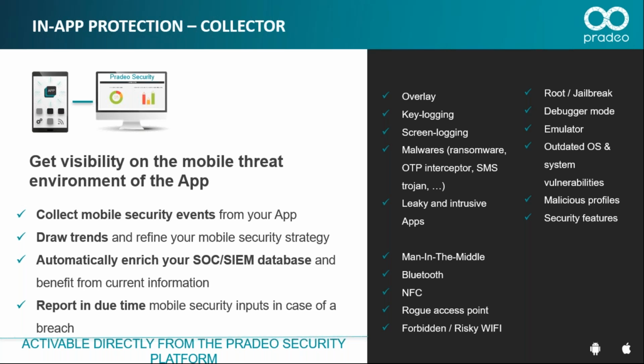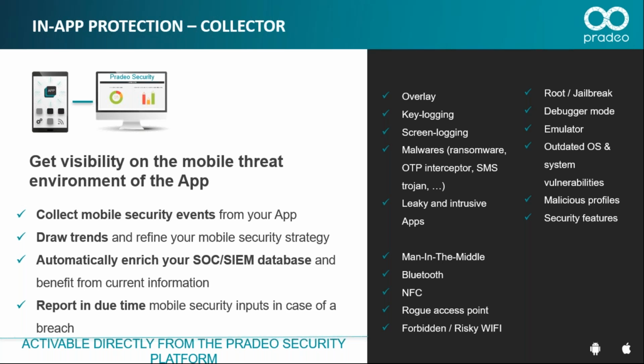So that's how we come to the next level, and that will be the collector, which can complete app shielding capabilities by providing companies visibility on the identified threats and allows them to better understand their risk environments. It allows you to know which threats and risks are present on the end user device. By enabling this option, the Inner Protection solution will start to collect all attacks and event logs to enrich any SOC or SIEM database. And for many companies, it's an important aspect to know which threats are represented in order to refine the mobile security strategy and make conclusions on future mobile threats.